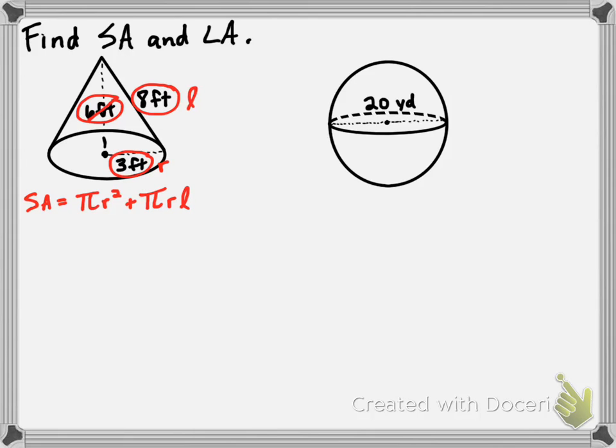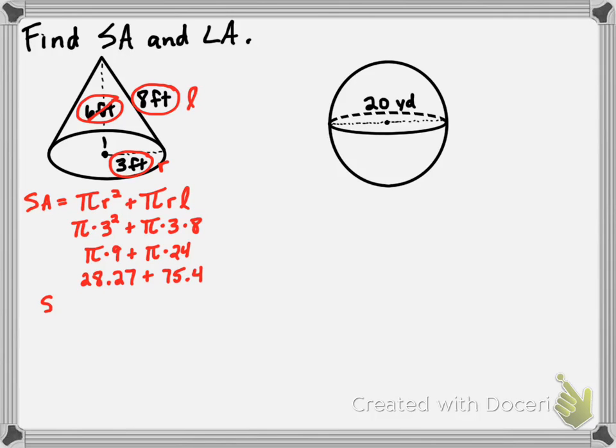So I'm going to plug it in. I get pi times 3 squared plus pi times 3 times 8. That gives me pi times 9 plus pi times 24. So I get 28.27 plus 75.4. That gives me a surface area of 103.67 feet squared.